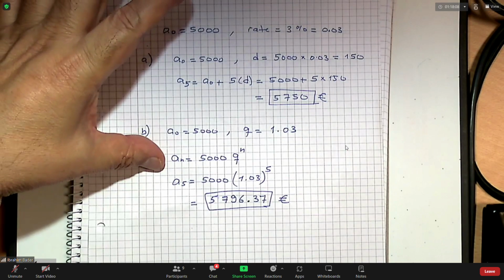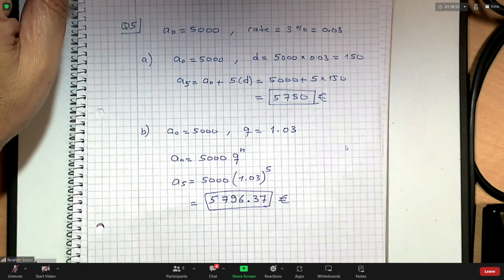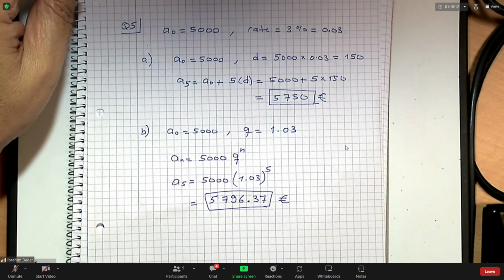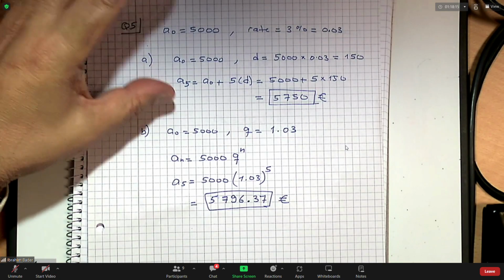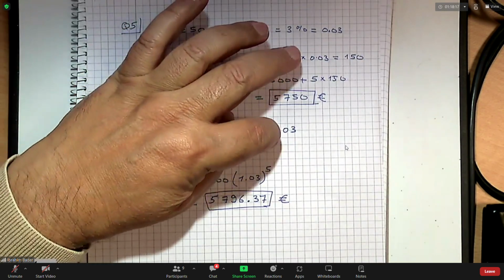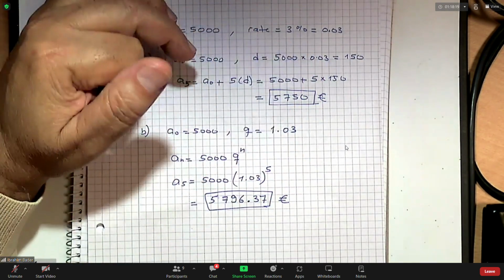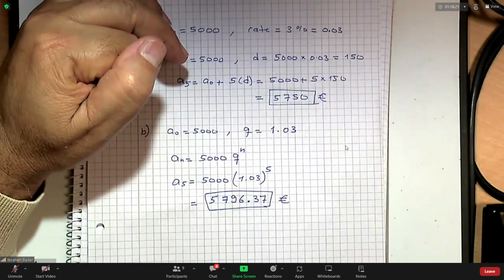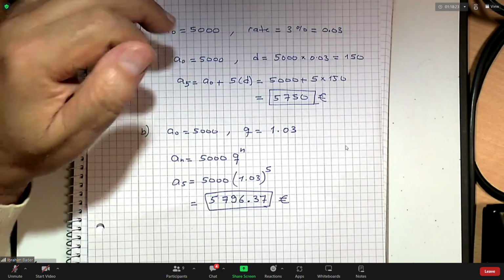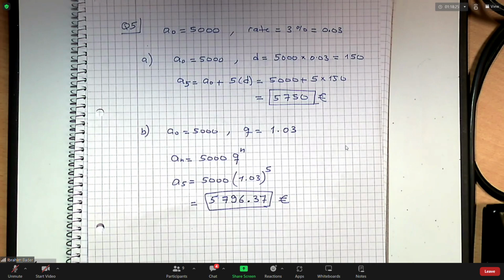Same here, if you use the geometric sequence, then your q is 1 plus the percentage in decimal.